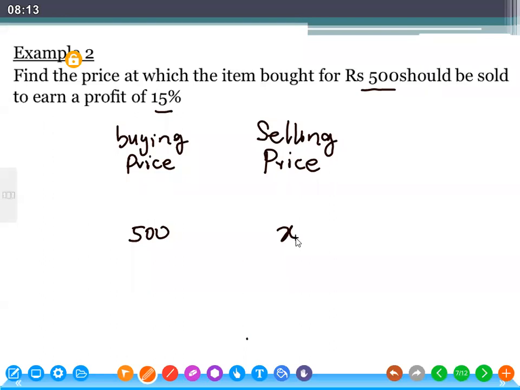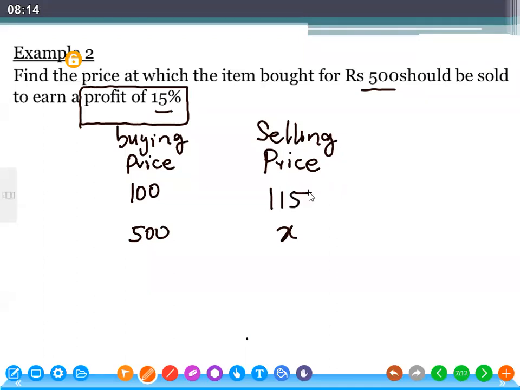So to solve this question, you have another clue that the profit is given. To get the profit of 15%, if the buying price is 100, then to get the 15% profit, the selling price will be 115.